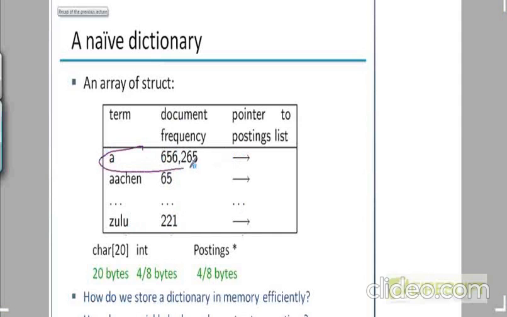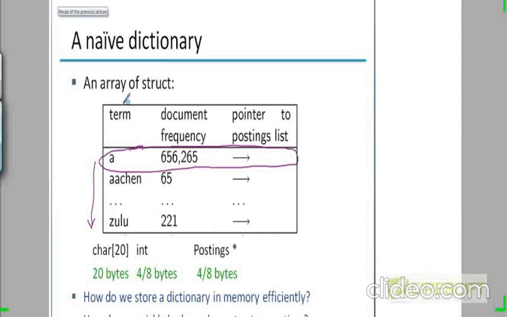This is a struct. It stores a string corresponding to the term, an integer corresponding to the document frequency, and a pointer corresponding to the postings list. And this is an array of structures. This is the simplest way you can implement a dictionary.